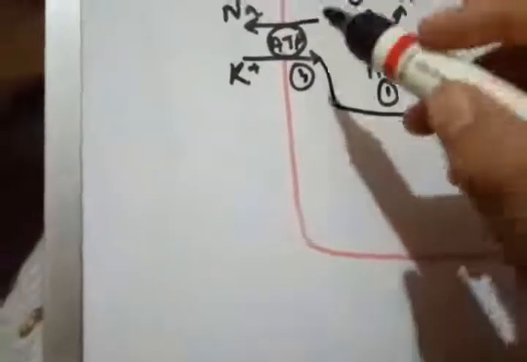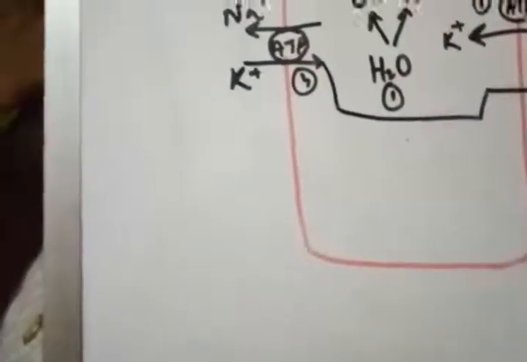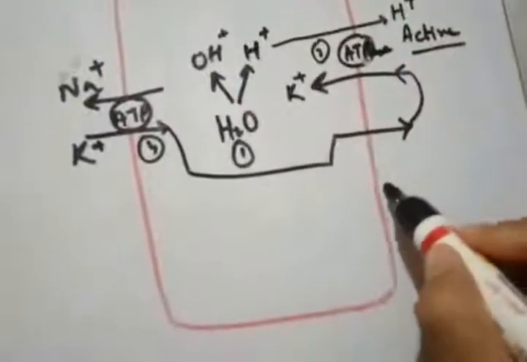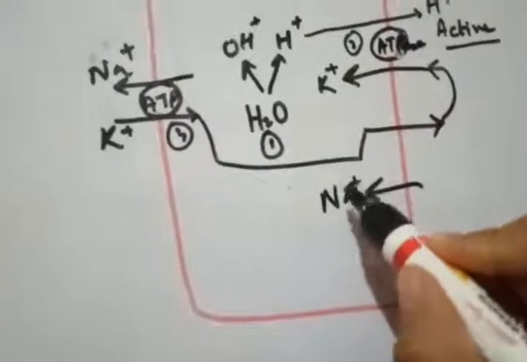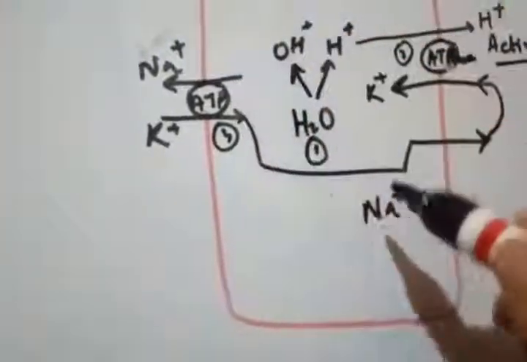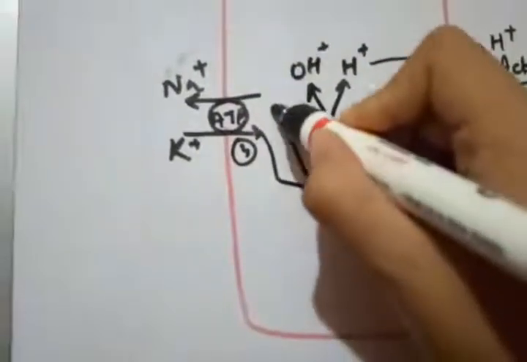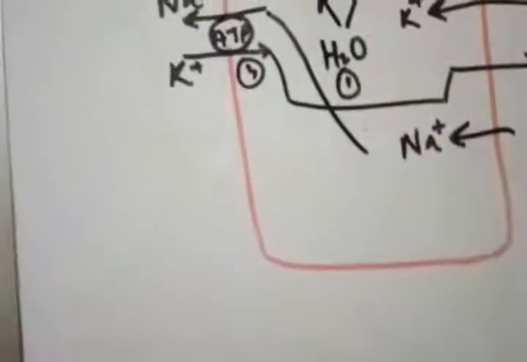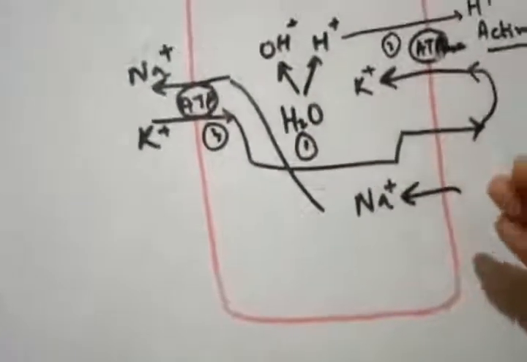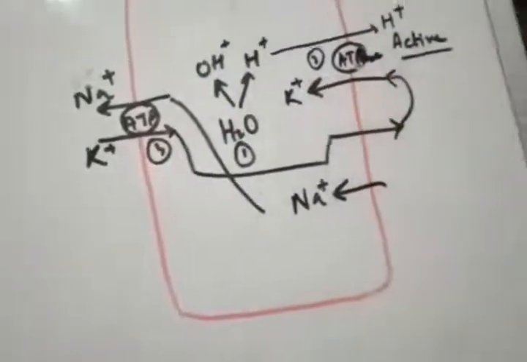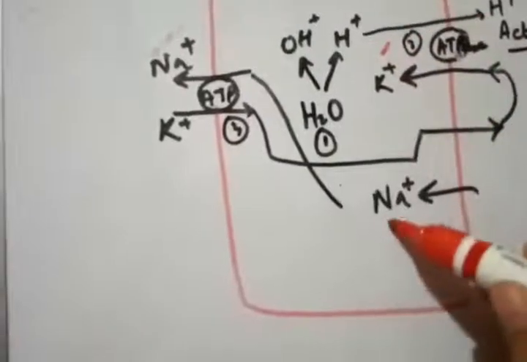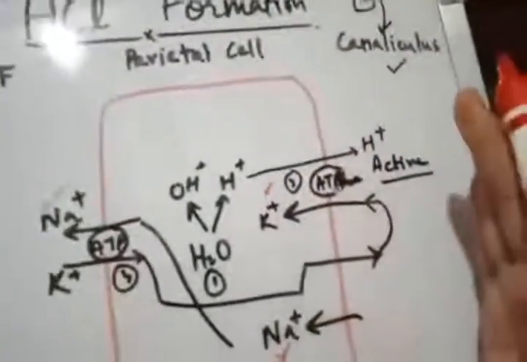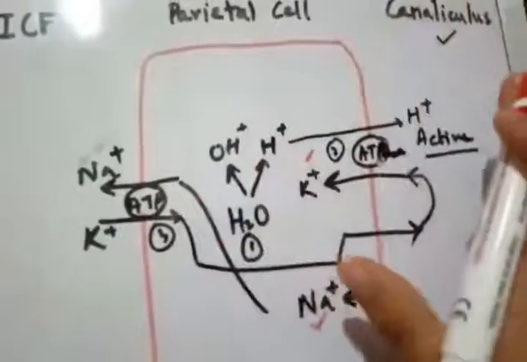Since the sodium is going out of this parietal cell, sodium from the canaliculus is always reabsorbed, and so it participates in the sodium potassium pump. So mostly the sodiums are reabsorbed. From here it's clear that our potassium and sodium are mostly reabsorbed from the canaliculus, and only hydrogens are released.